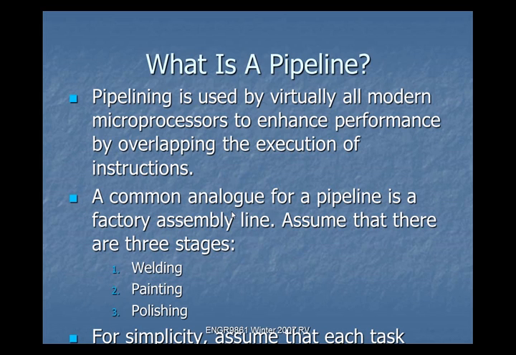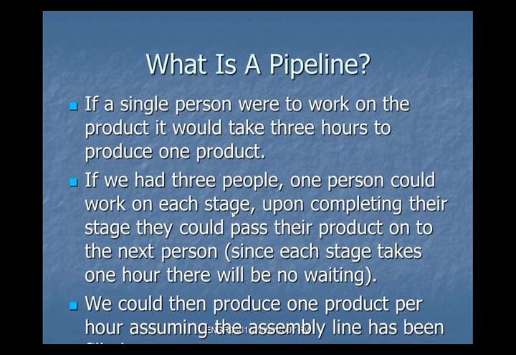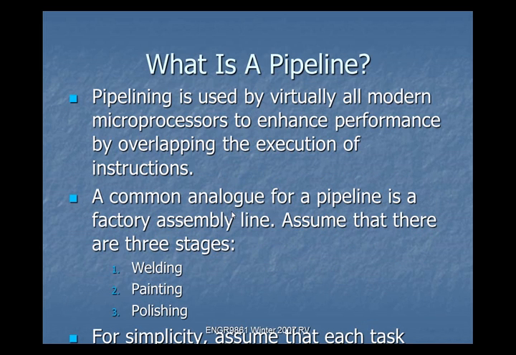Next, a common example is that there are 3 stages like welding, painting, and polishing for completing the factory. In this example we covered, if a single person is doing the whole task, then it takes 3 hours: 1 hour for welding, 1 hour for painting, 1 hour for finishing.